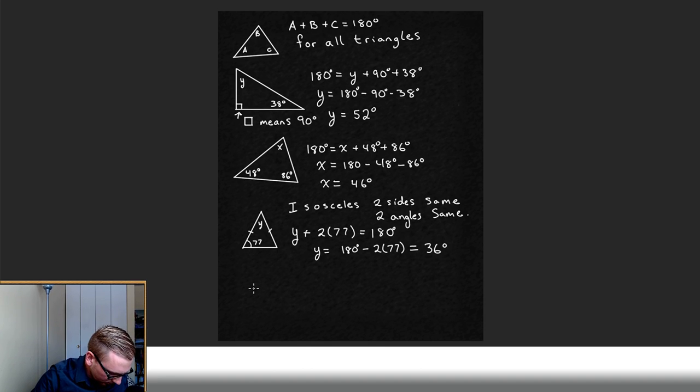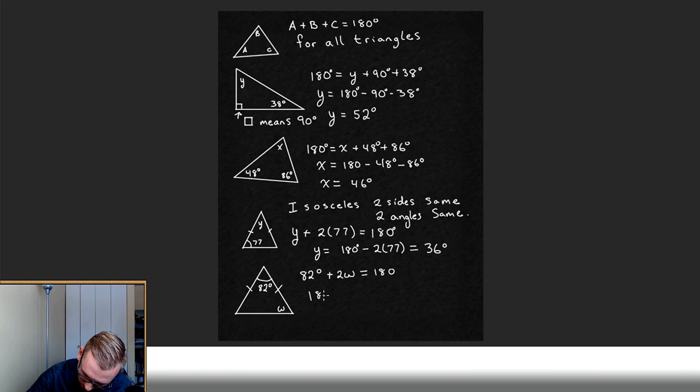Okay, last triangle. It's another one like this, pretty close to isosceles. This is 82 degrees. Well, 82 degrees plus 2w equals 180.